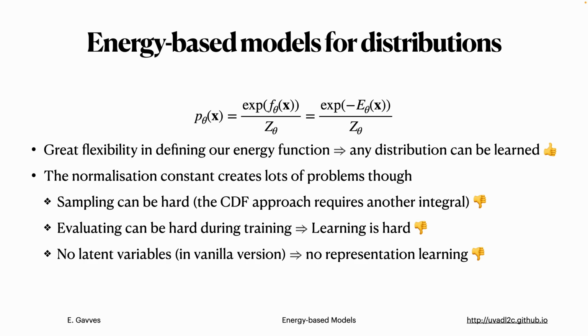And here the intractability, the integral, comes in the normalizing constant, otherwise called the partition function. It's called the normalization constant, but be a bit careful with the term constant here. It's constant only after training.